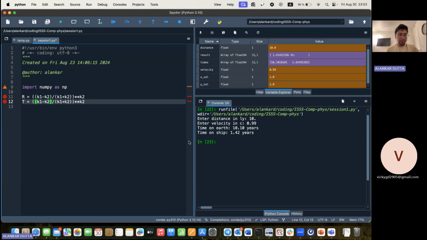The denominator remains the same, but the numerator is just, sorry, I squared, this whole squared. Similarly, the denominator is again (K1 plus K2) whole squared, while your numerator is 4 times K1 times K2.